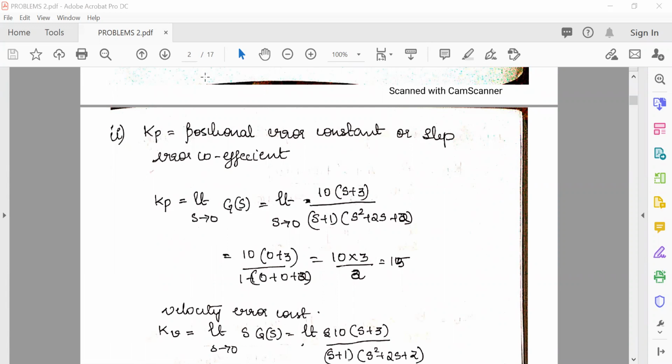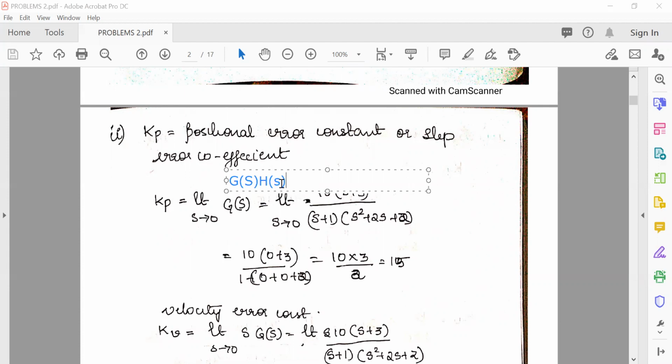So it is only g of s which has been written here, everywhere, because in this entire problem h of s is equal to 1. So I have not explicitly written it in the expression.